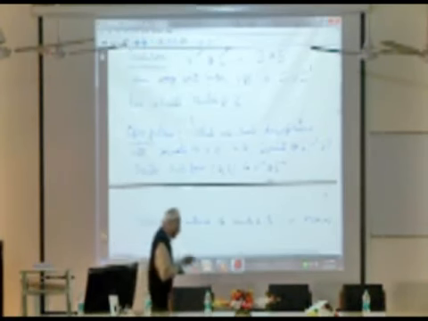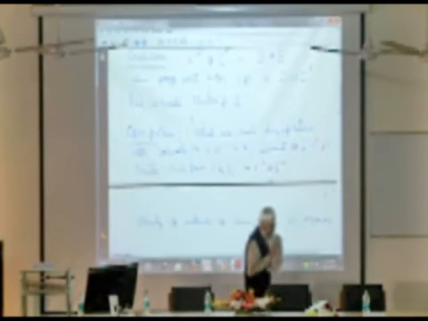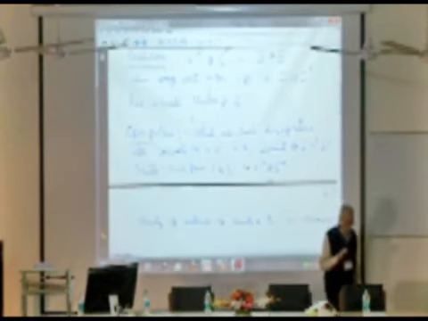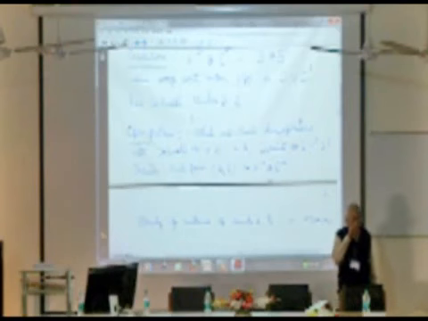So, problem: what are the triplets N, K, L with the following property? Consider the Hilbert space of dimension n, C power n. Take the tensor product, C power n tensor C power n. Construct subspaces S, S perpendicular, so that it is a direct sum of the two.